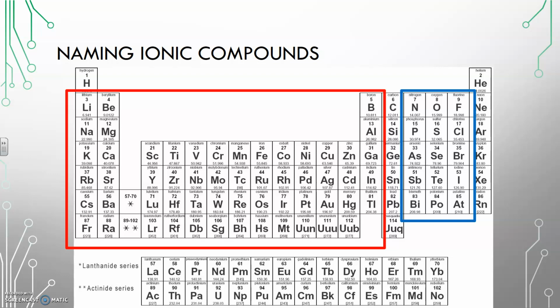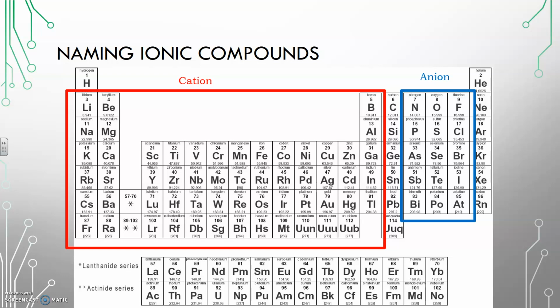If you have a polyatomic ion, that is a clear indication that it is ionic, because you can only have polyatomic ions if it's ionic. But in general, one from the red, one from the blue, you have an ionic compound, because the reds are your cations and the blues are your anions.